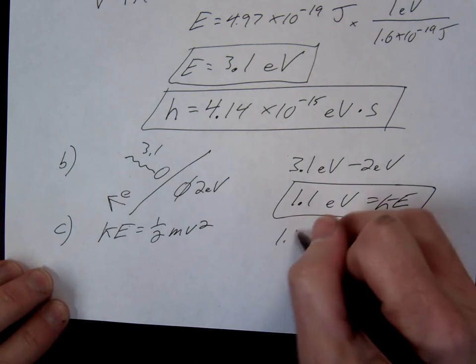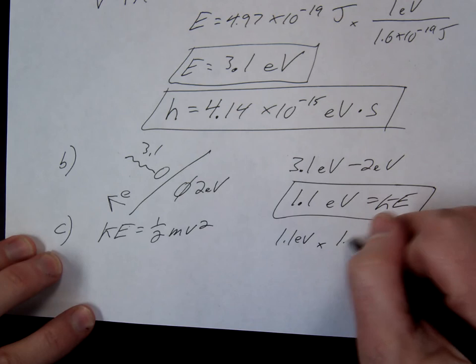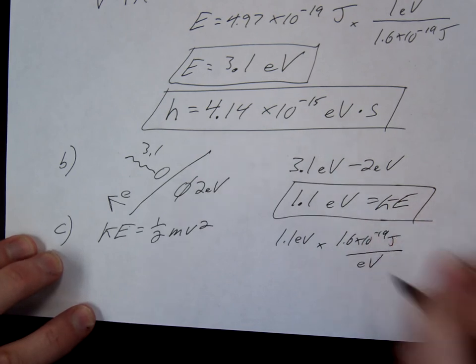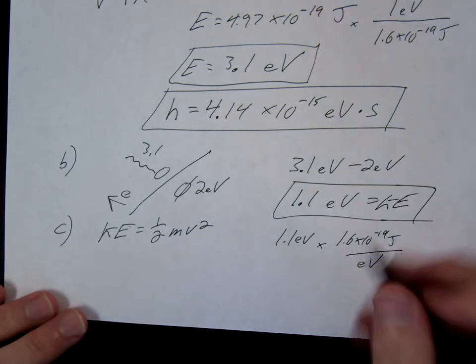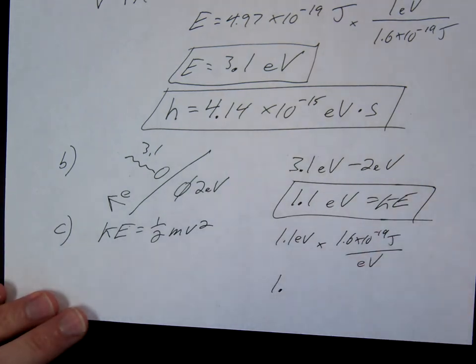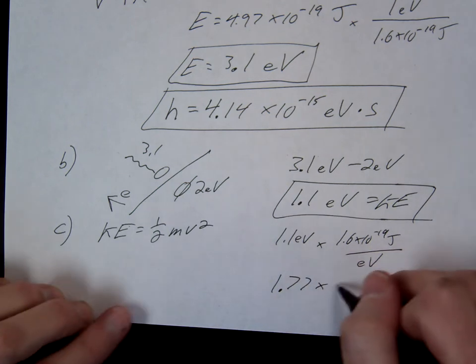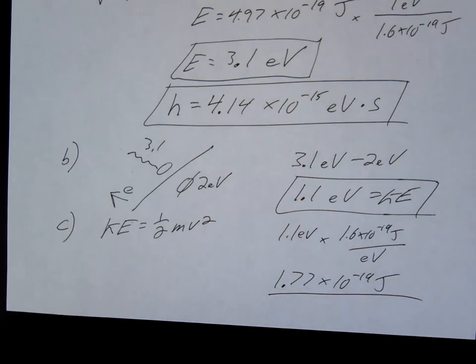So 1.1 eV times 1.6 times 10 to the negative 19 joules per electron volt gives me how much? 1.7? So you have to convert that to joules when you use your 1/2 mv squared equation.